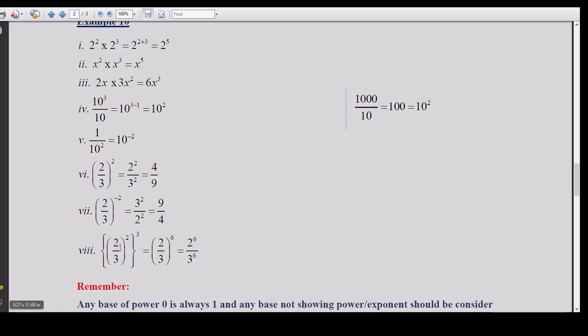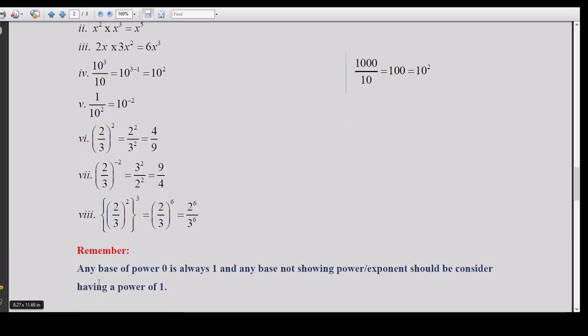(a^m)^n will be a^(m multiply n). 2 by 3 power 2, bracket 3, will be 2 by 3 in bracket to the power of 2 multiply 3, which is 6. That means you can write separately as 2 power 6, 3 power 6. Okay, remember that any base with power 0 is always 1, and any base not showing any power or exponent should be considered as having a power of 1.